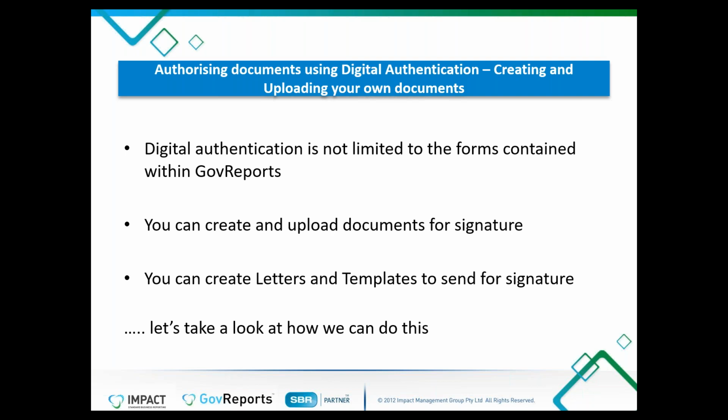So let's touch a little bit on creating letters and templates to send for signature. And I'm not going to delve too much into detail about this because this is covered in another webinar we're holding, where we'll be talking about your practice settings and a little bit more about setting up your practice, and that will include also letters and templates.